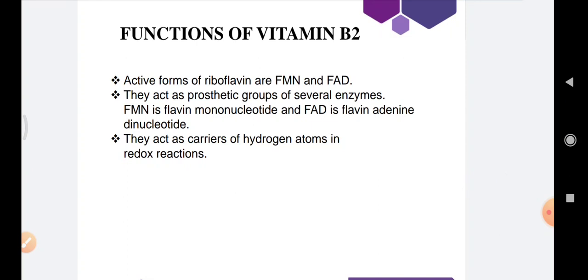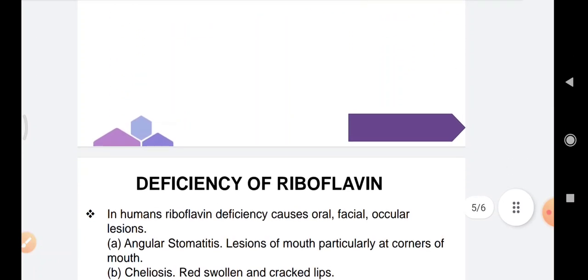The active forms of riboflavin are FMN and FAD, and both of these act as prosthetic groups of several enzymes. FMN is flavin mononucleotide and FAD is flavin adenine dinucleotide, and both of these act as carriers of hydrogen atoms in a redox reaction.